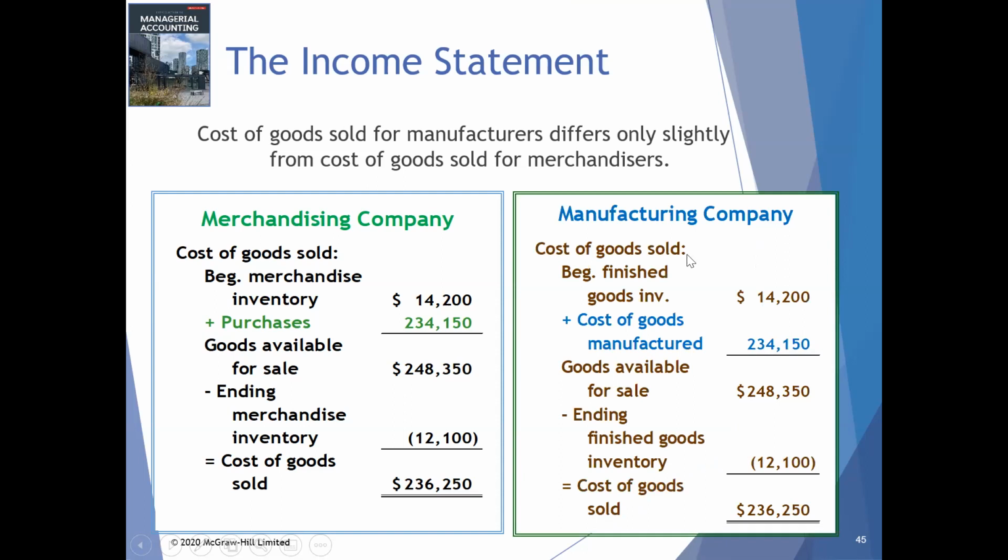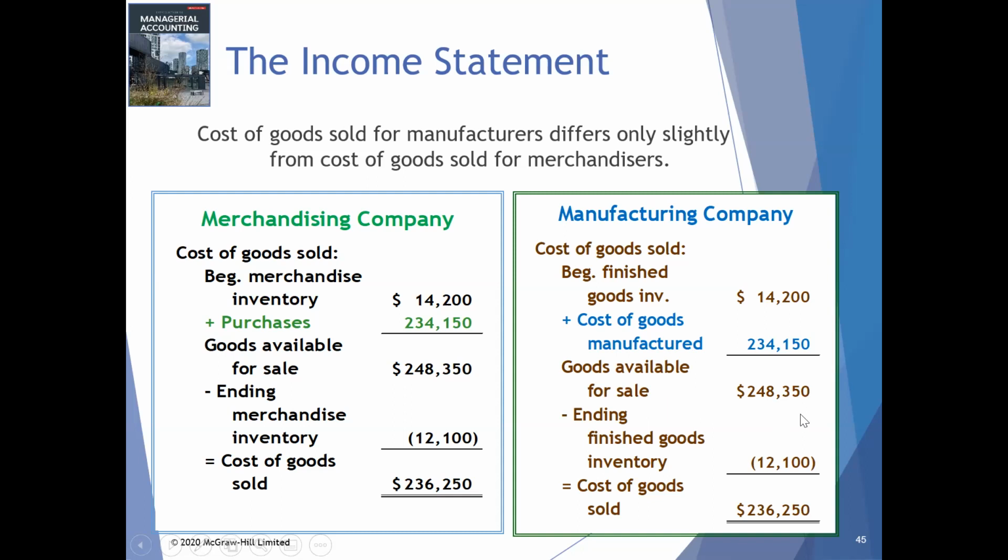Now look at this. This is also the same, but in a different way. Cost of goods: beginning finished goods inventory, right? And here cost of goods manufactured, right? So this is what we are going to calculate, what will come in the income statement.